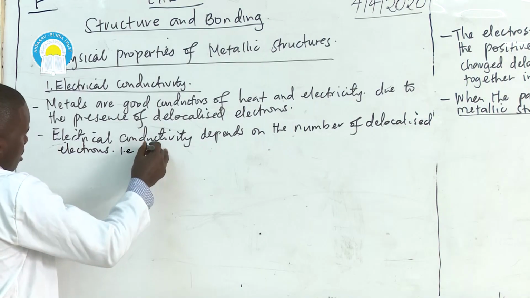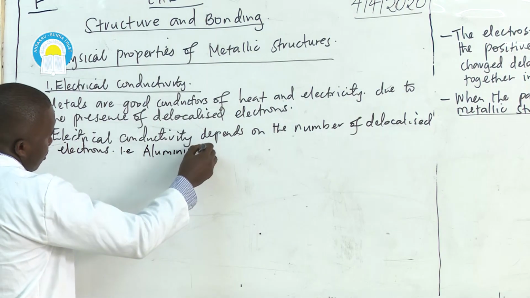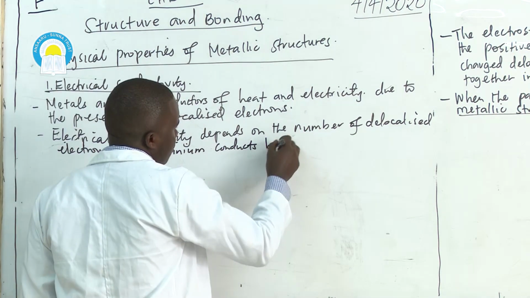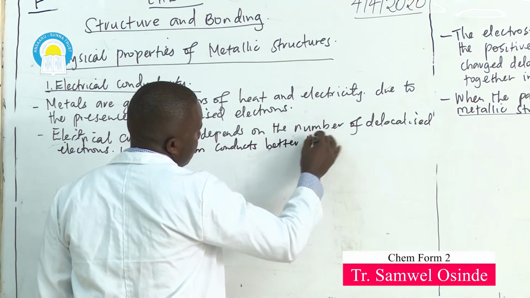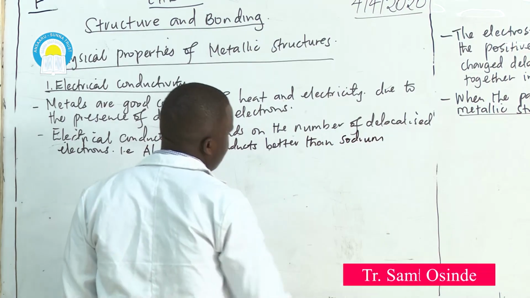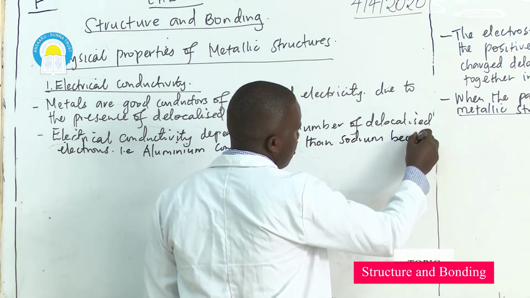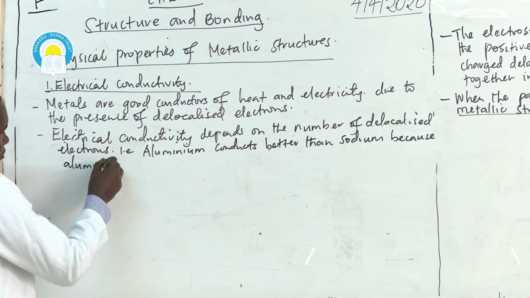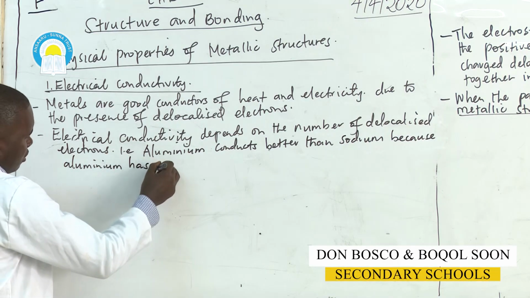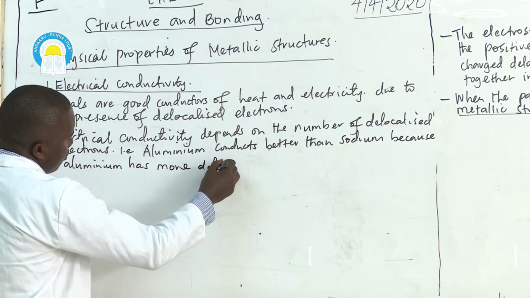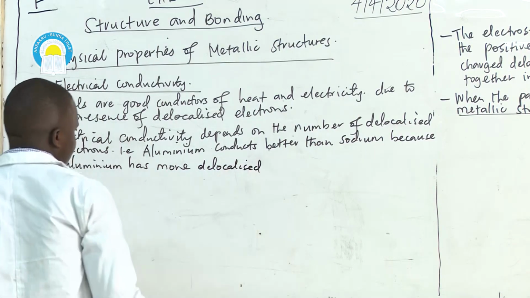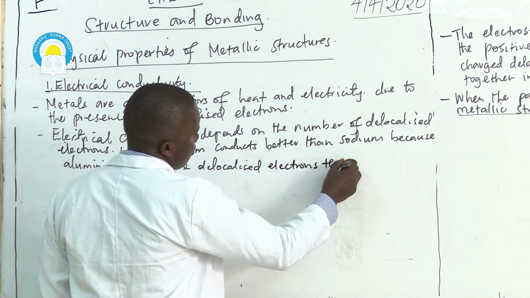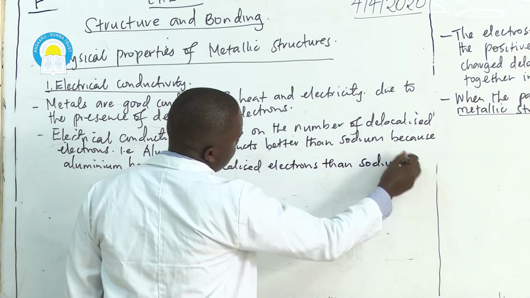So for example, aluminum conducts better than sodium because aluminum has more delocalized electrons than sodium.